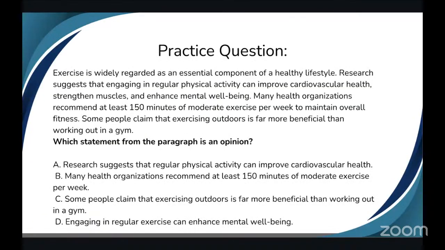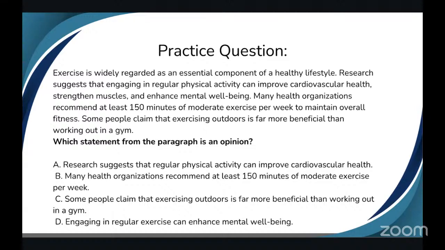All right, so let's jump right into a practice question. I'm going to let you dive right into this. I'm going to let you read this passage, read the question, and then give me your answer. Okay? I'm going to set 45 seconds on the timer, and then we will come back and check them.